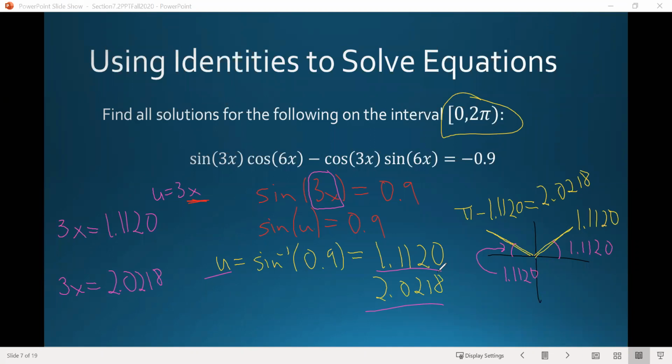In each case, we divide by 3 to isolate the x. 1.1120 divided by 3 gives us 0.3707 as our first answer, and 2.0218 divided by 3 gives us 0.6739 as our second answer.